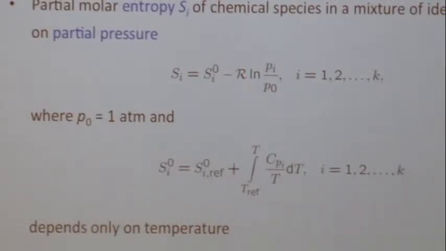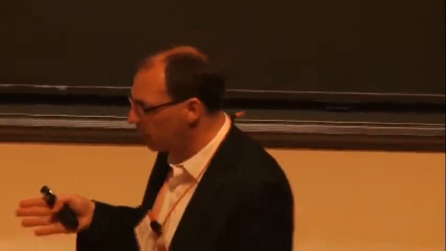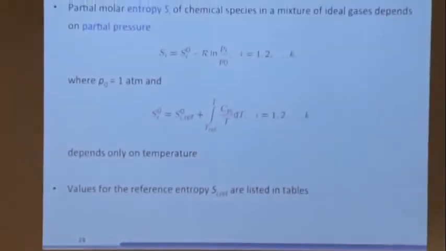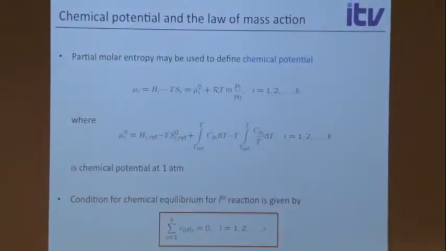Everything else is very similar. Now, the way we determine equilibrium is very similar to the way we determined adiabatic flame temperature, only that here you always have one extra term. These reference values are listed in tables again.